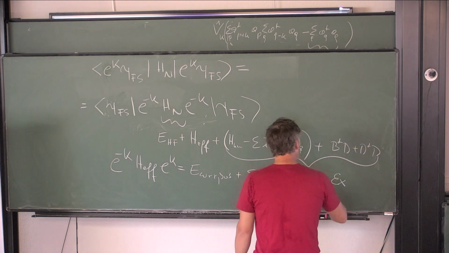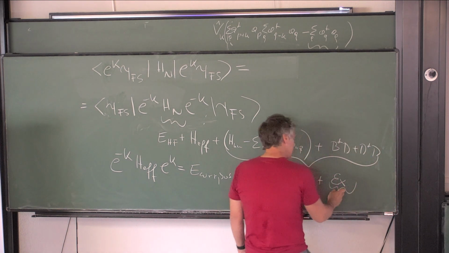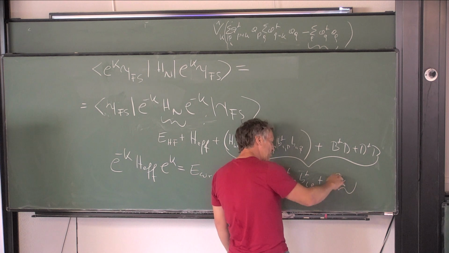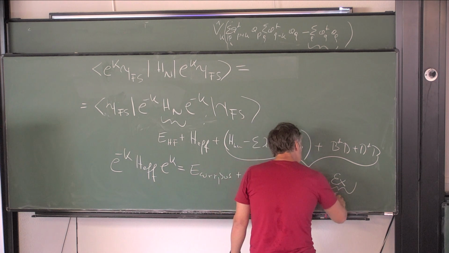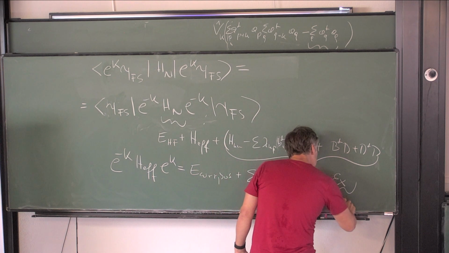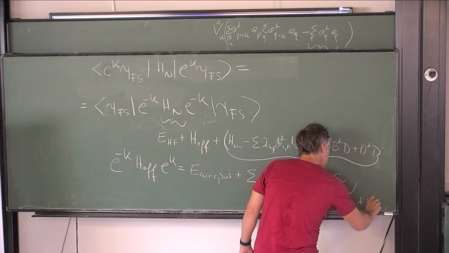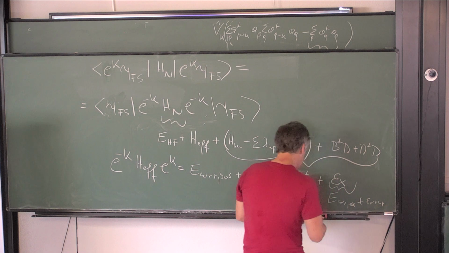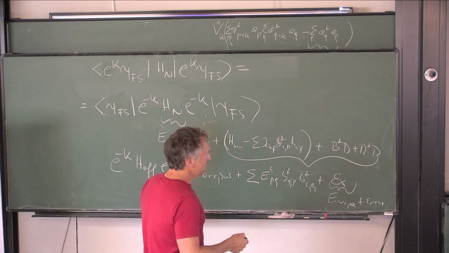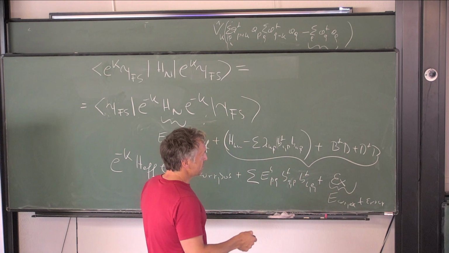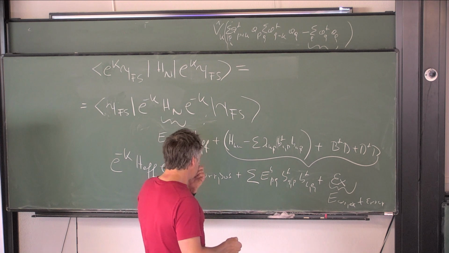And the next goal is to show that this thing can be split into what is denoted as the correlation exchange energy plus error. And that's basically what is done. So now there is not enough time.